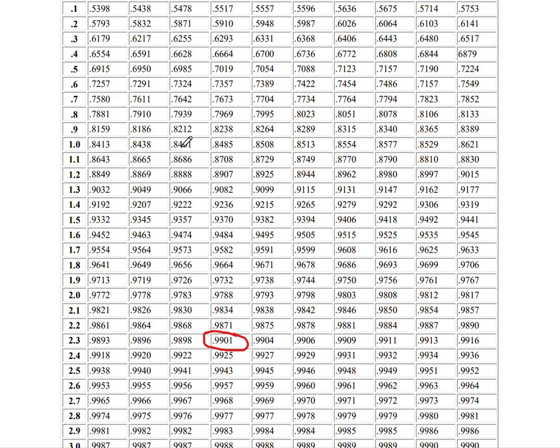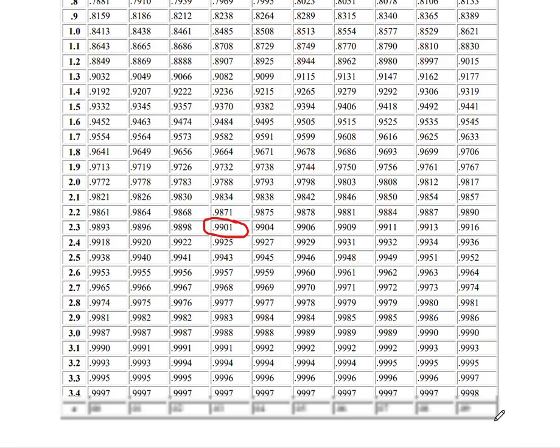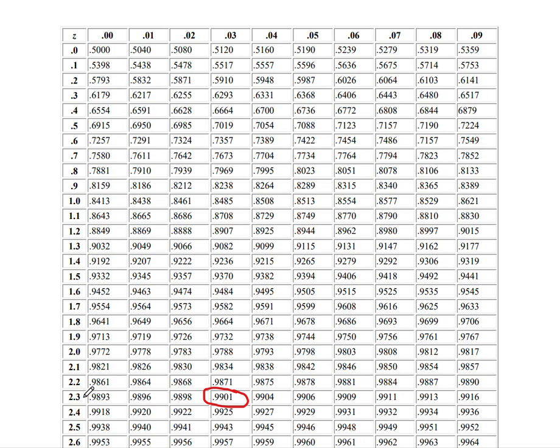One thing to know about the standard normal table is that the further down and across you go, the larger the probabilities shown become. So we have located the closest value to 0.99. Now we're going to identify the Z value reading, or the critical value, that corresponds to this 0.99. I go down this column marked Z. These are critical values.